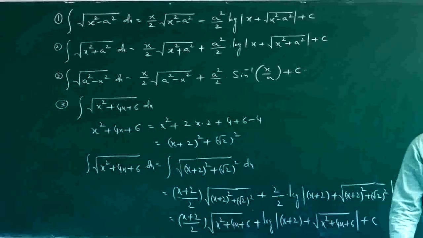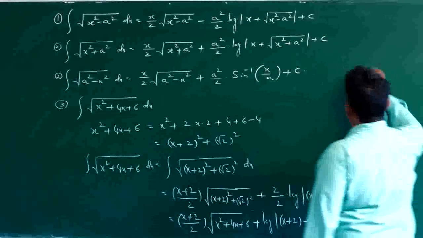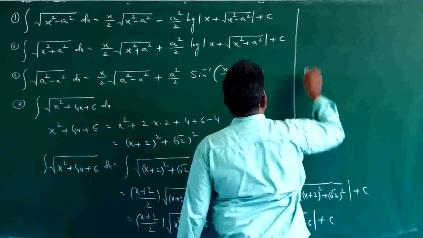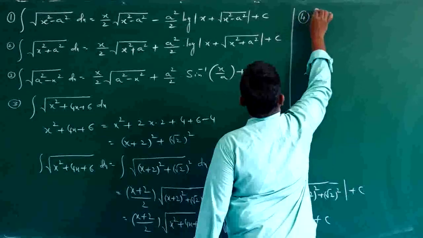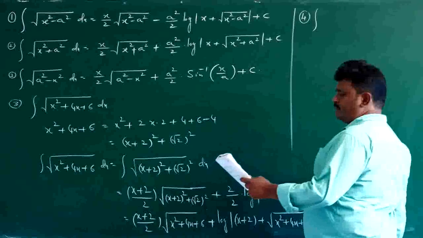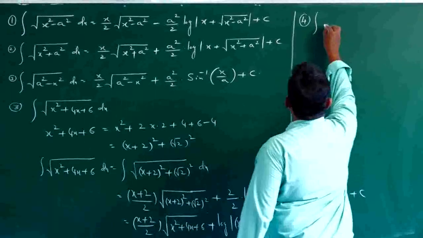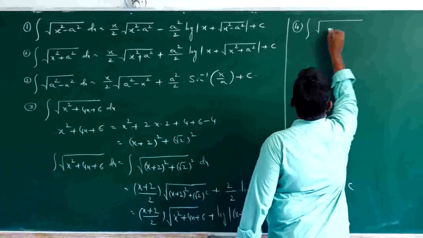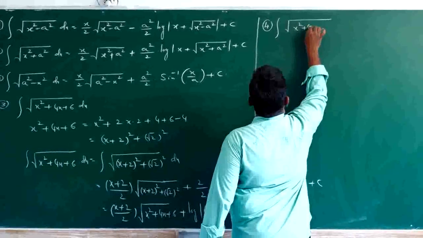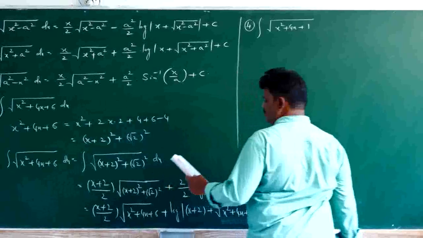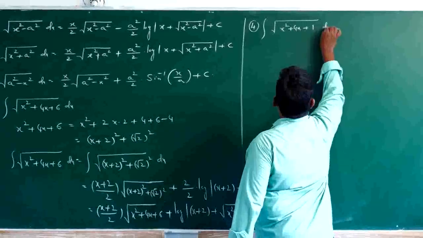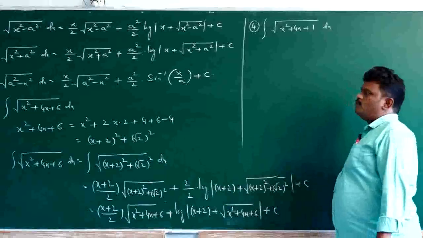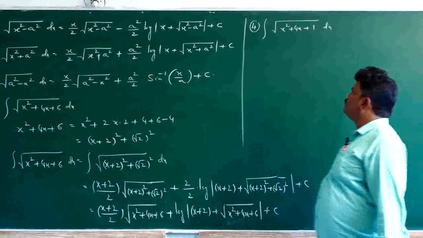Next, the fourth one: integral of square root of x square plus 4x plus 1 dx. Same type of question, we just convert it into perfect square form.